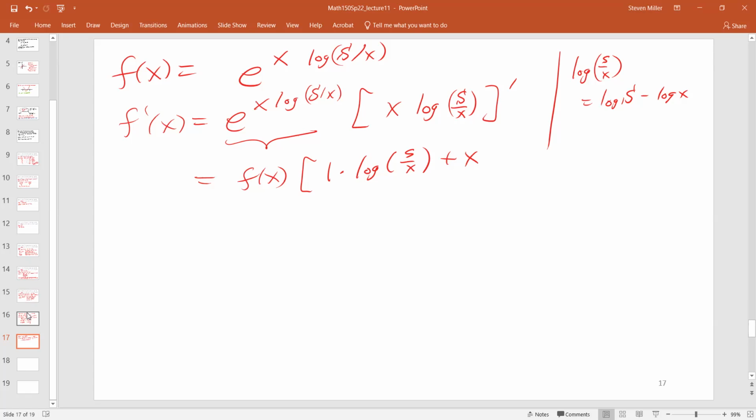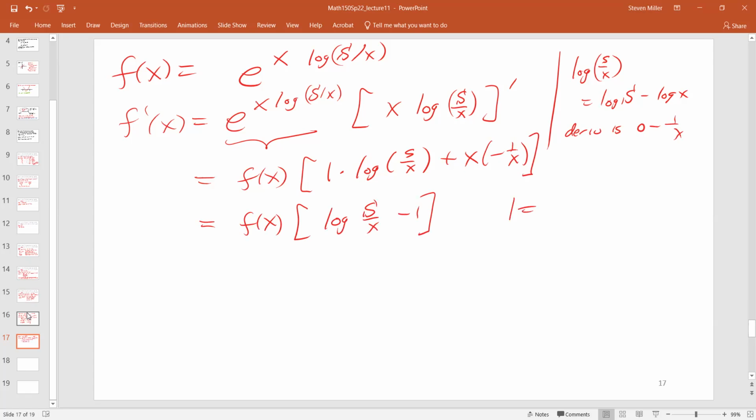No. The derivative of the log of s with respect to x is 0. So the derivative is 0 minus 1 over x. So this is just f of x times the log of s over x minus 1, right?